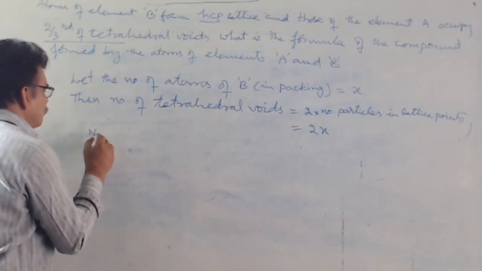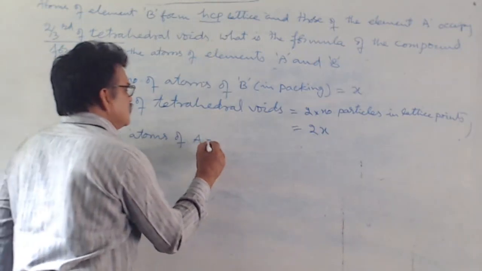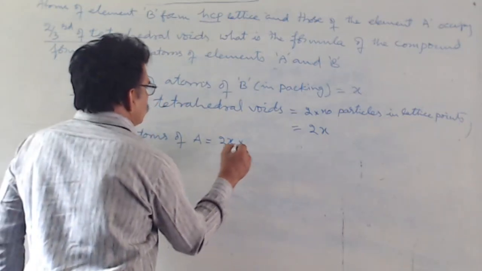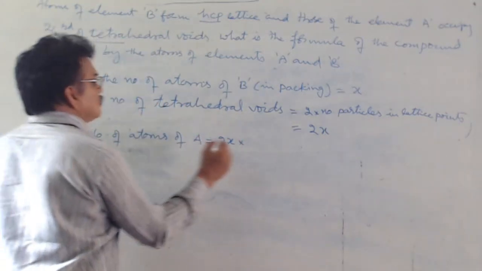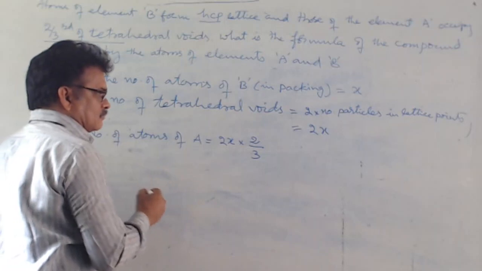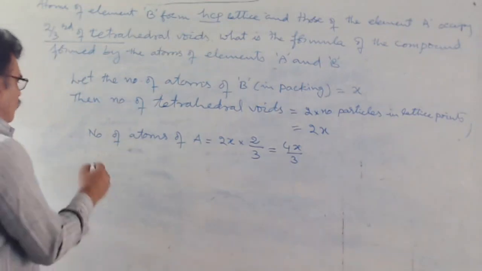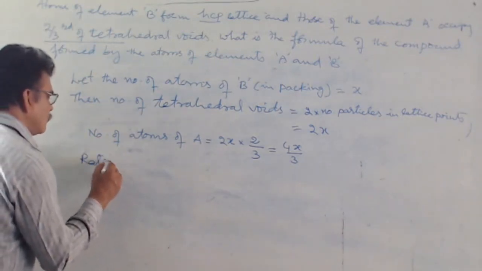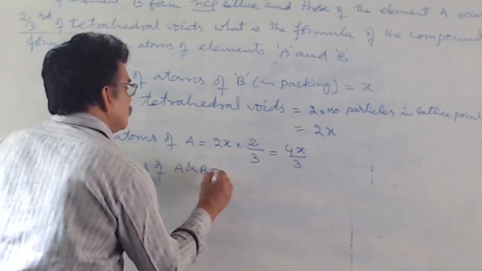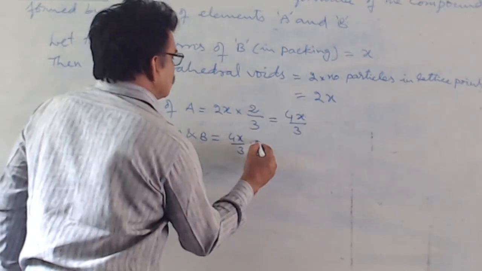Therefore, the number of atoms of A is equal to the total number of tetrahedral voids 2x into, among 2x voids only 2/3 are occupied, so 2 by 3. So this is the number of atoms of A, that is equal to 4x by 3. Now we will take the ratio of atoms of A and B, which is A atoms 4x by 3 to B atoms x.